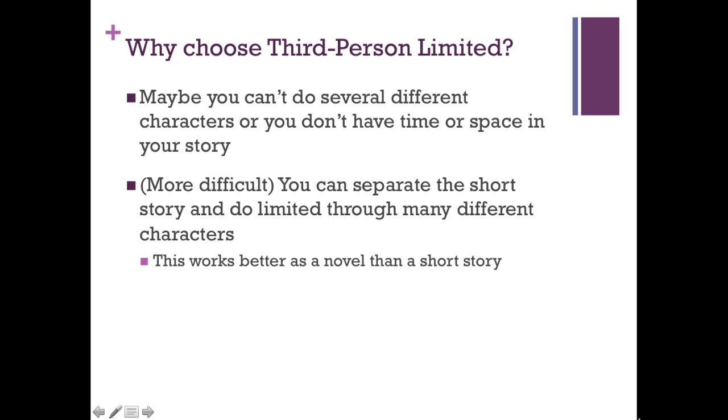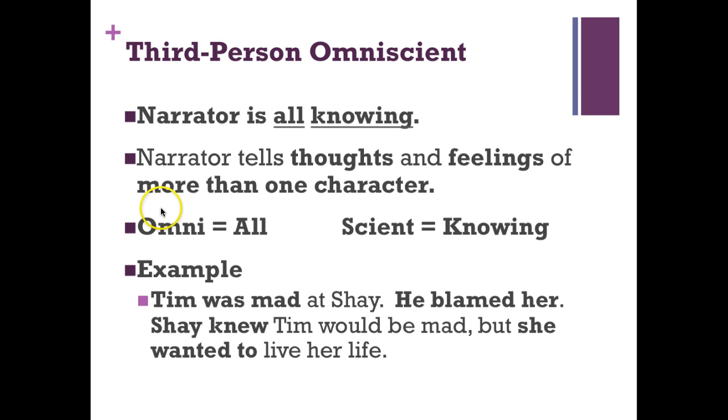And so you would choose this one because maybe you can't do several different characters, or you don't have the time or the space in your story. It is more difficult to do because you're just writing stuff, and you might write this by accident. I've done it before where I've had a third person limited, and I say stuff like, Blake thought, blah blah blah.